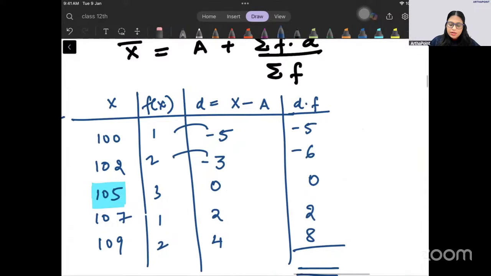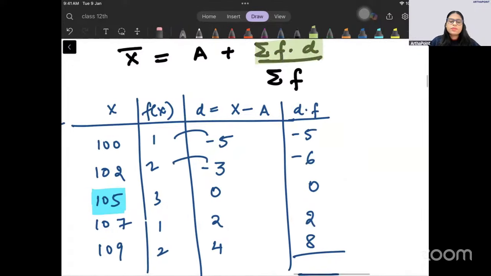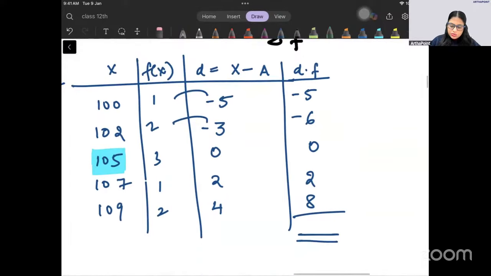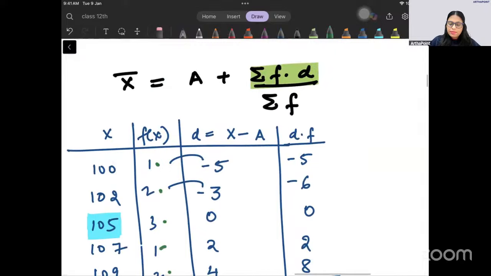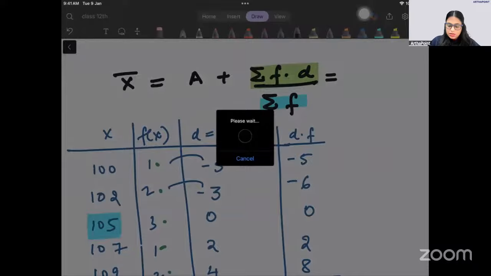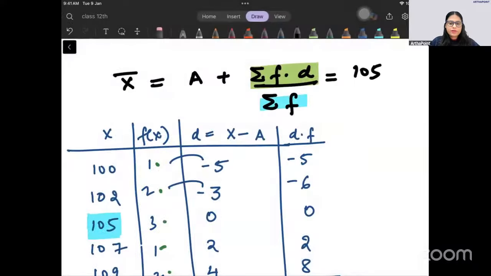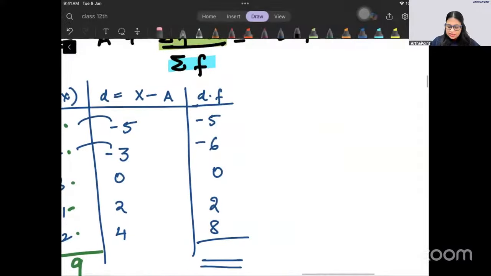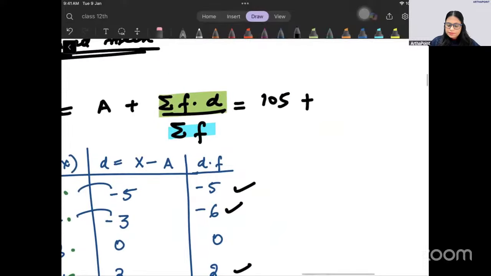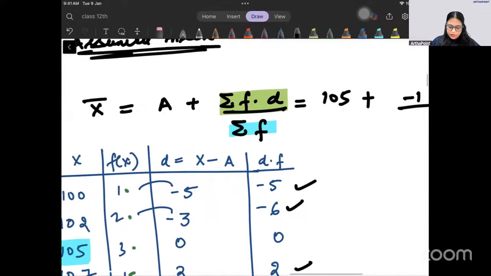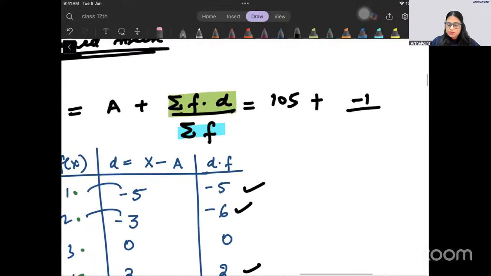This will become my numerator here. Add the frequencies together. So 3, 4, 5, 6, 7, 8, 9. And this will become my denominator. So my formula will become assumed mean 105 plus जो भी यहाँ पे आंसर होगा 8, 9, 10 minus 11, minus 1 upon the sum of the frequencies, which is 9. This will be your mean.